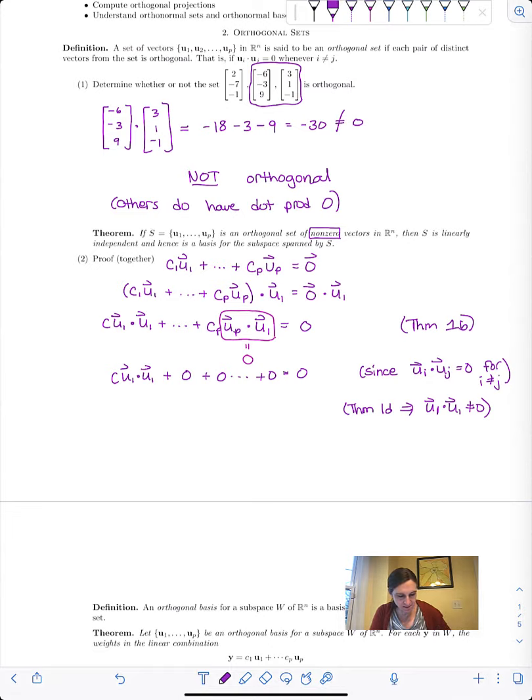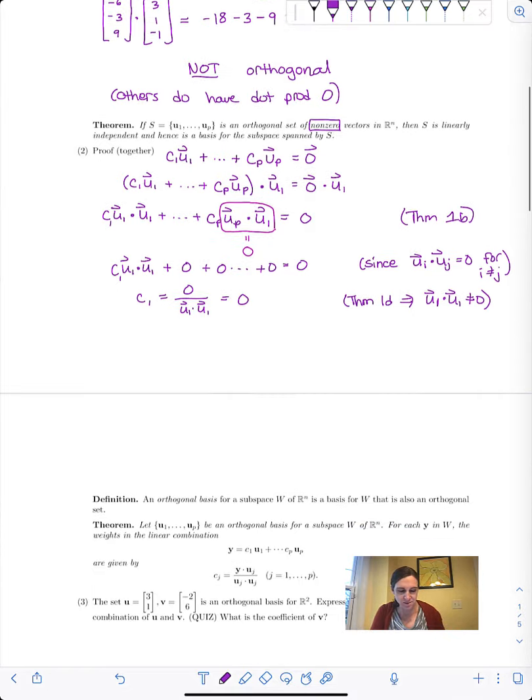So that means that we can divide both sides. Oh, and that should be a C1. We can divide both sides of this equation by U1 dot U1. It's okay to divide by that because it's not 0. When we divide 0 by something non-zero, we get 0. So C1 equals 0. And in fact, you can repeat this process.